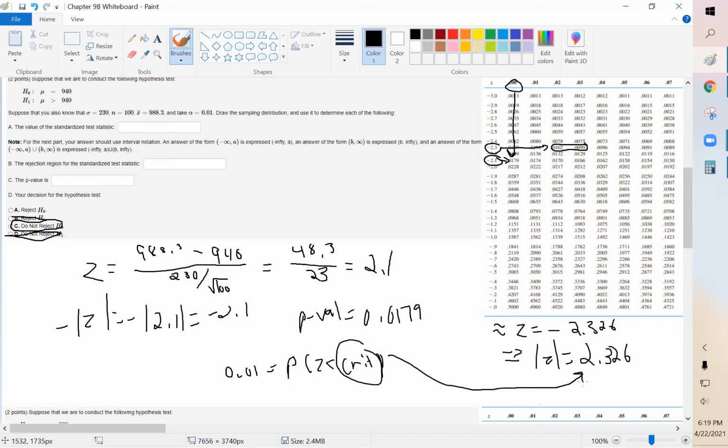And therefore, you can even clearly see our test statistic is not greater than that critical value. Now, for the rejection region, if our z-score is negative, we're obviously not rejecting, because the only thing we care about is if it's too high. So our lower end is going to be 2.326, and obviously we can go up to infinity, so that'll be our rejection region. If we were dealing with two-tailed, you'd also have to include the lower end.